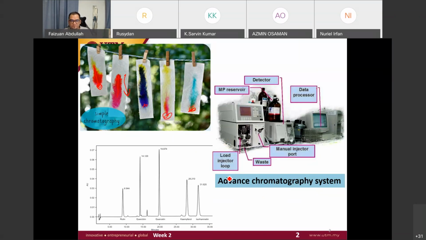Nuril, Irfan, do you have any idea? Separate, maybe identify, color, analyze. Okay, Irfan first. Color, okay.